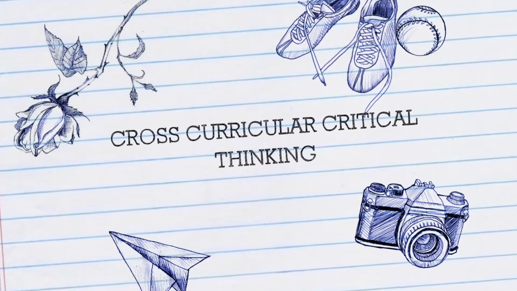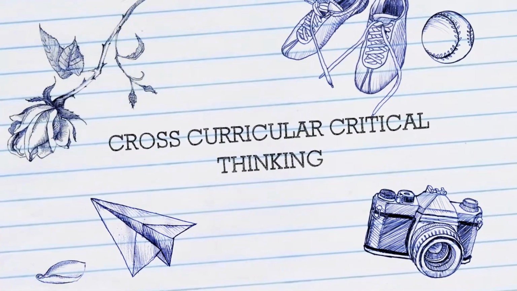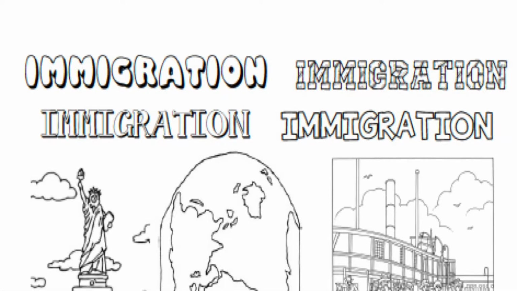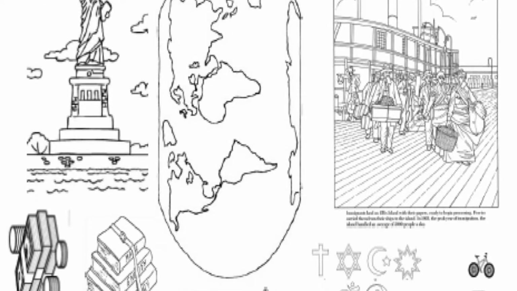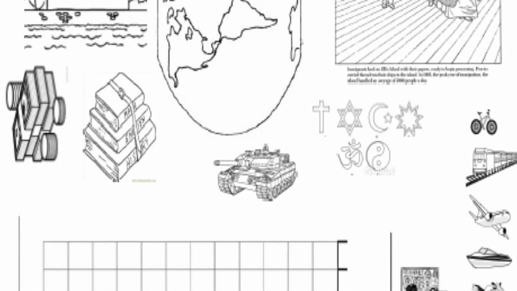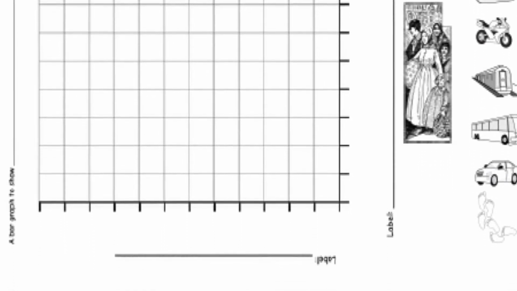Infographics are great too because they can become cross-curricular critical thinking practices. If you're studying immigration in social studies, well, you can graph reasons that people come to America, how they come to America, and then they can turn that into an essay about immigration.